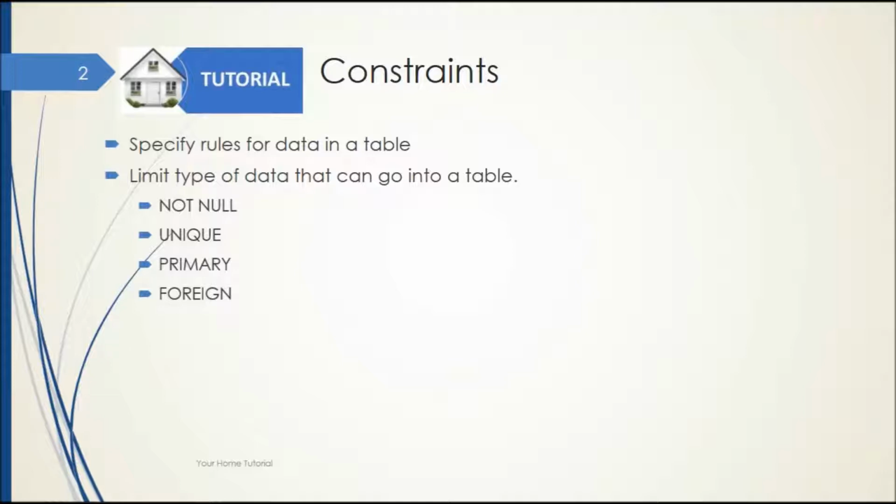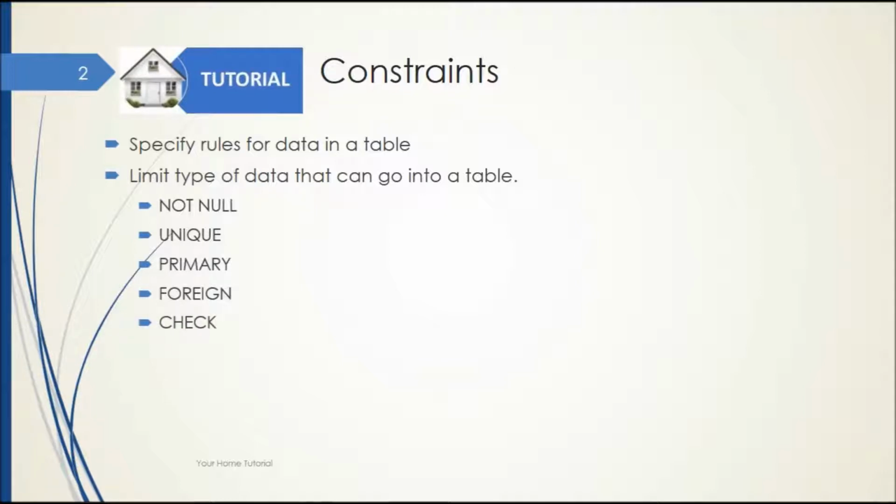Supposedly we have two tables, A and B, and B is a child table of A, where one column in table B refers to the primary key of table A. It plays an important role in a relational database model. It creates a relation between two tables. One will be a parent table, another will be a child table. The child table will have a foreign key which is referred to by a primary key of another table.